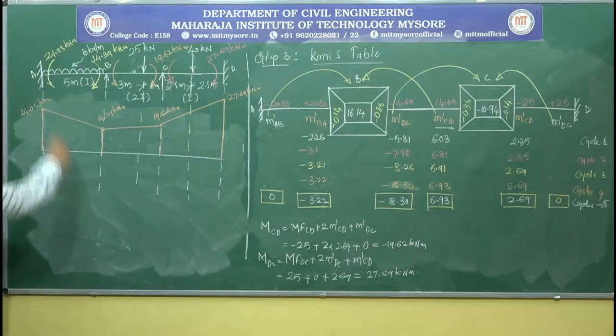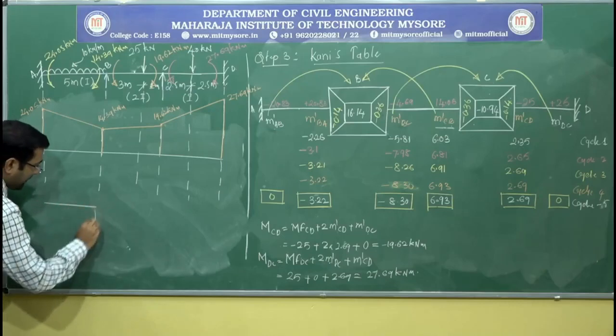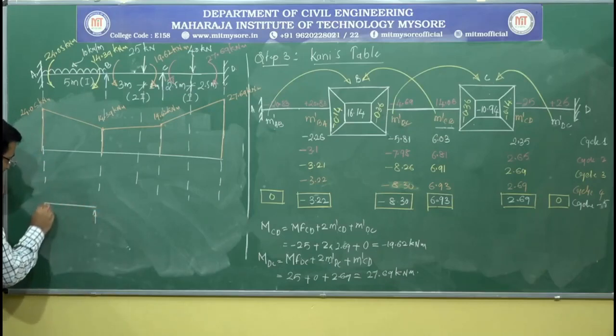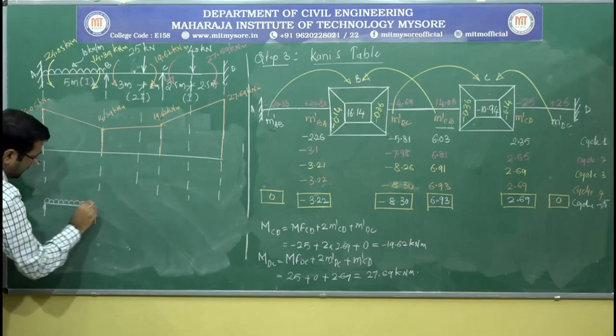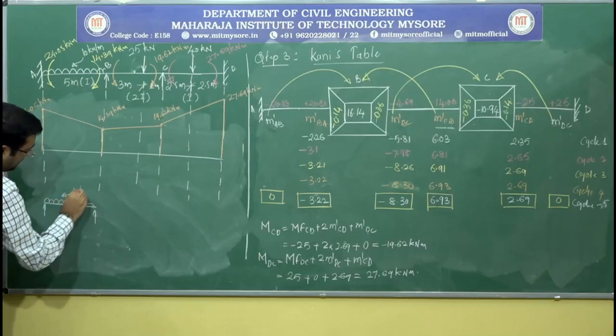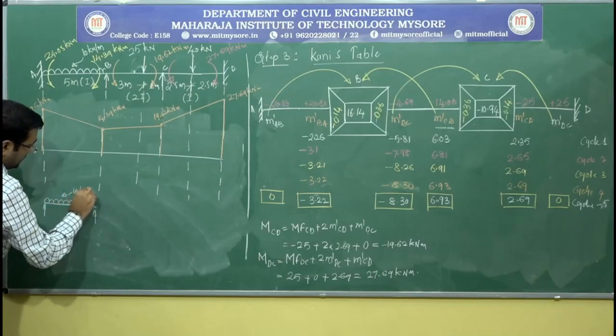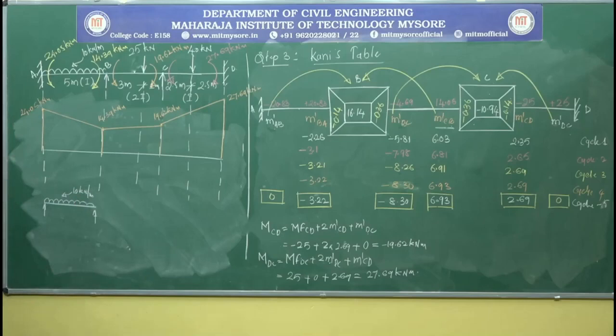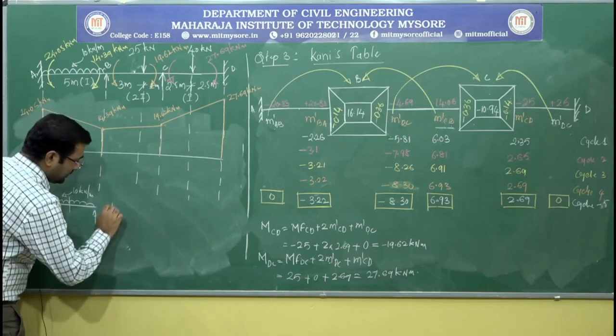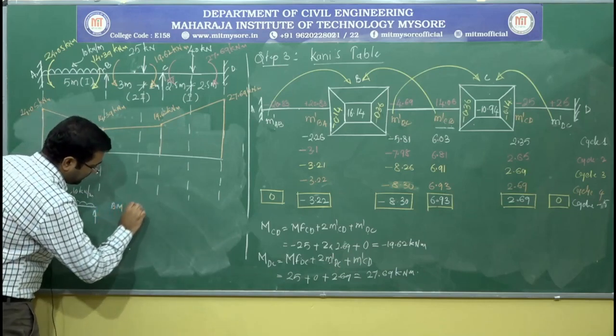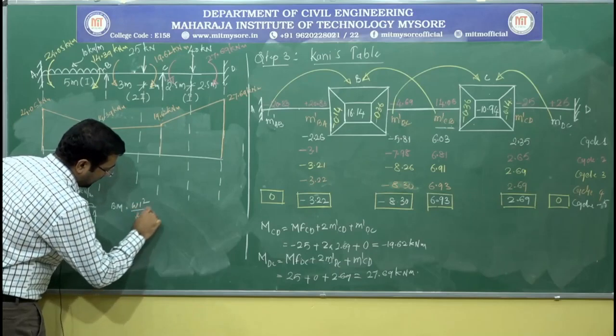Now for a span AB, if I treat this as a simply supported beam, okay, with a UDL of magnitude 10 kilonewton per meter, the maximum bending moment will occur at the center, and it is calculated using the formula WL square by 8.